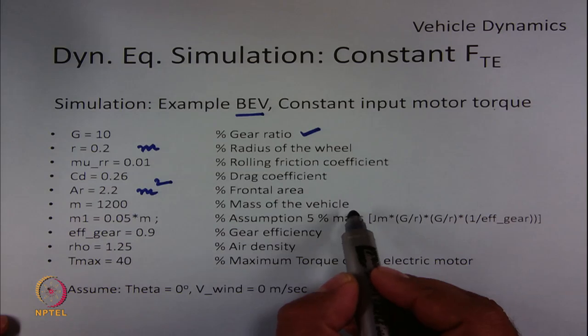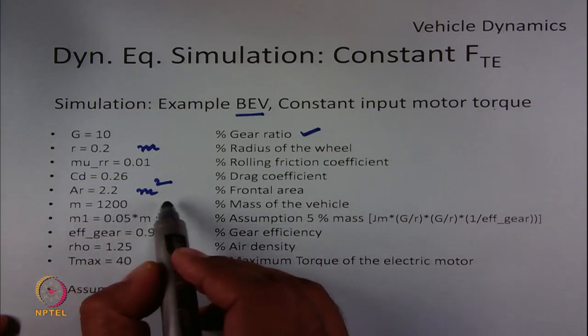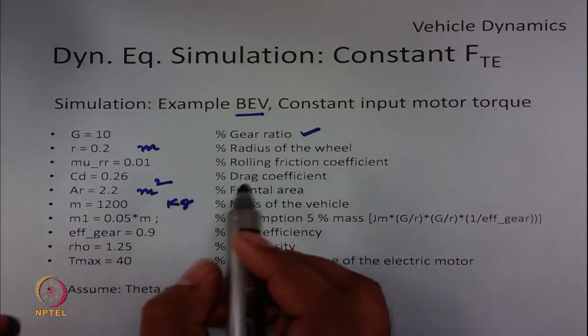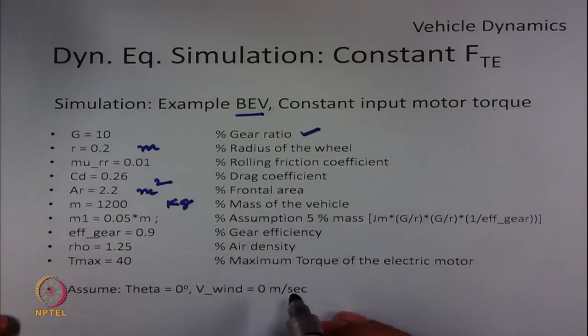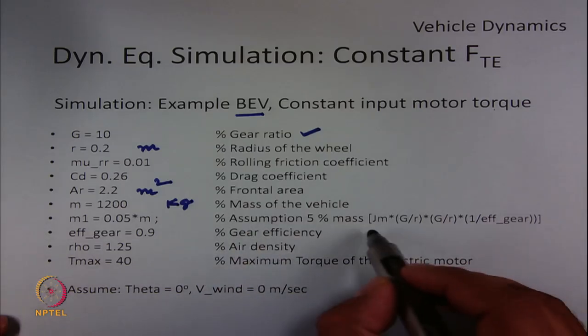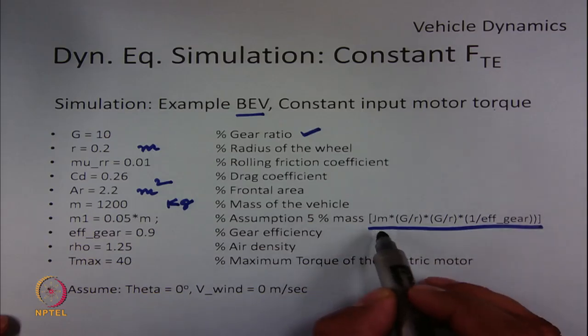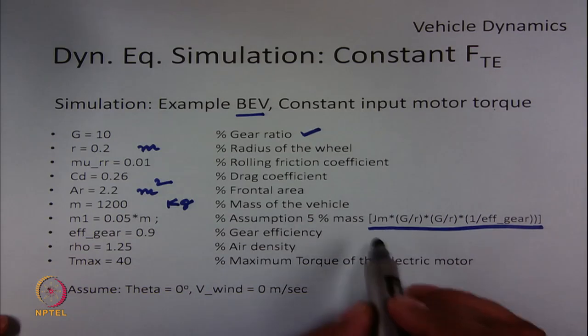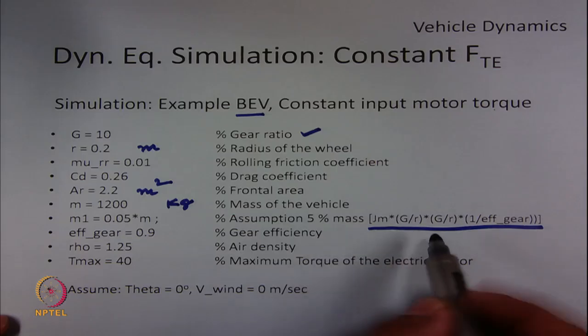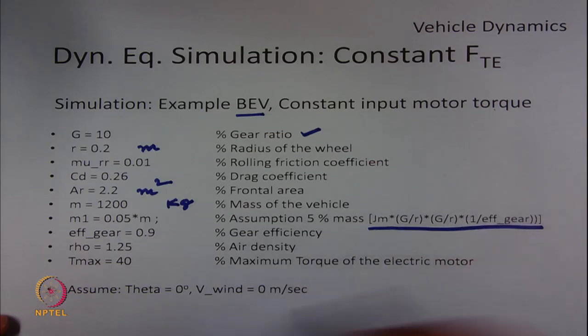Let us assume that the mass of the vehicle is 1200 kgs. So, we also have to calculate the equivalent mass due to inertia of the motor, which is Jm into G by R square into 1 by efficiency of the gear.